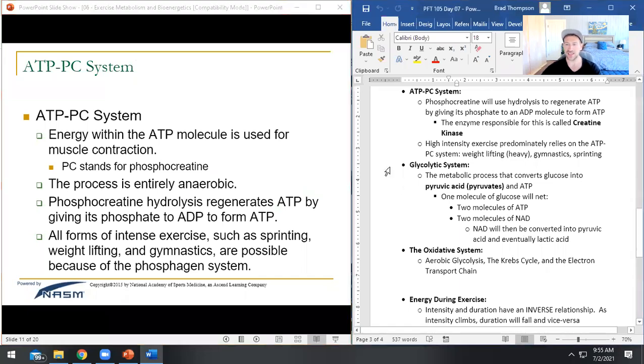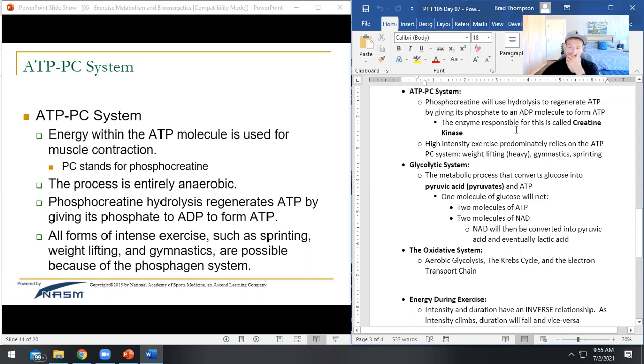So let's take a look one more time at these energy systems. The ATP-PC system, or the phosphagen system, works like this: you use phosphocreatine, that's the PC, which will use hydrolysis to break off the phosphate from the phosphocreatine, and then take that phosphate and attach it to your ADP molecule. That'll reform it.